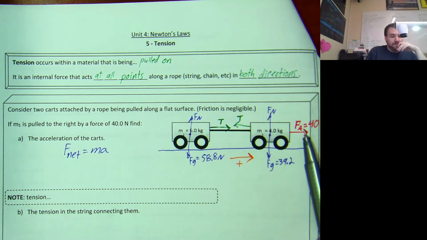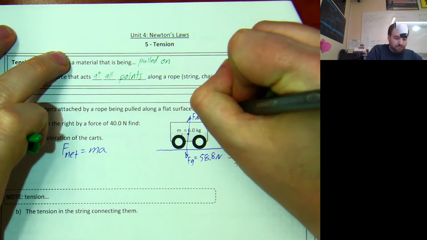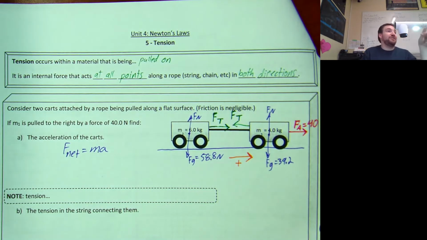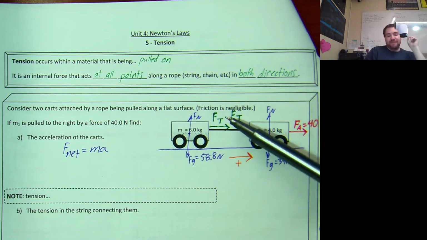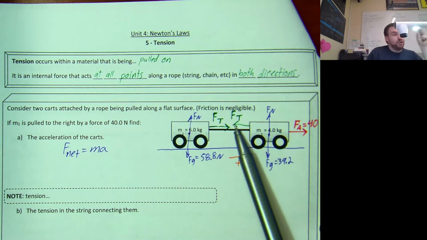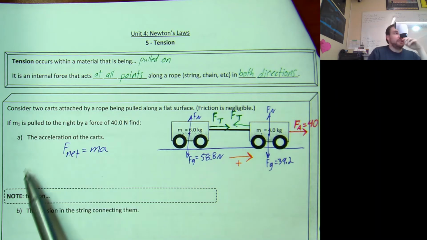No, I didn't have to. My bad. I did when we originally talked about tension. I said I was going to call it FT because big T was something else. Thank you for reminding me, Luis. So I've got FA and I've got two different FTs. So what's my F net equation going to look like over here?